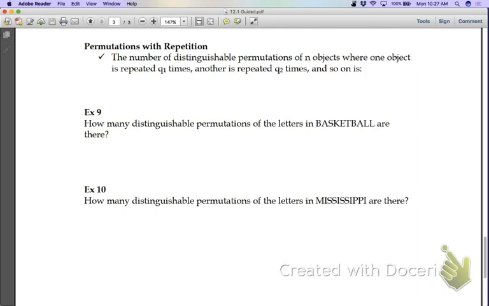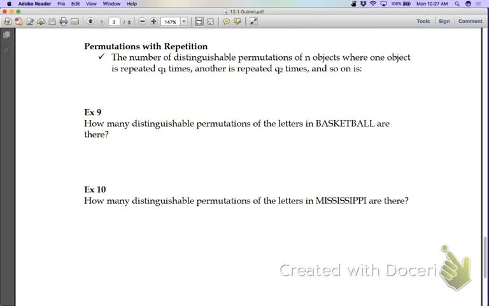Are you going to know the difference if I have this B and that B switched? No. What about if I have this A and that A switched? No. Okay? Or the L's or things like that.